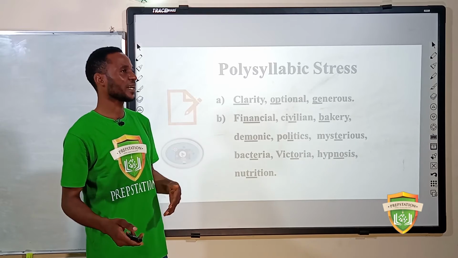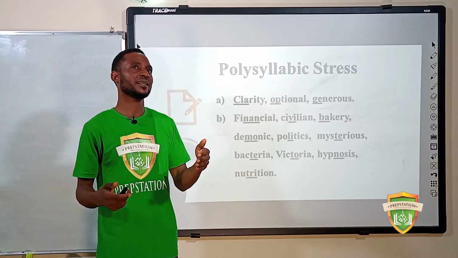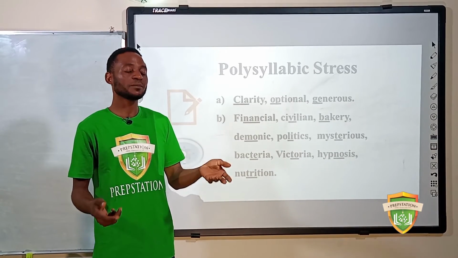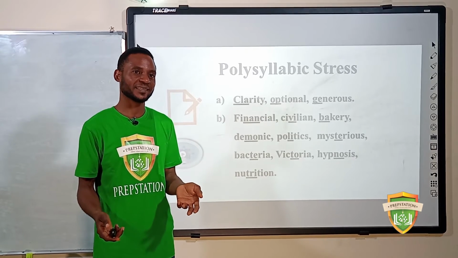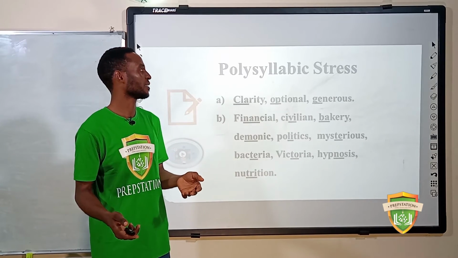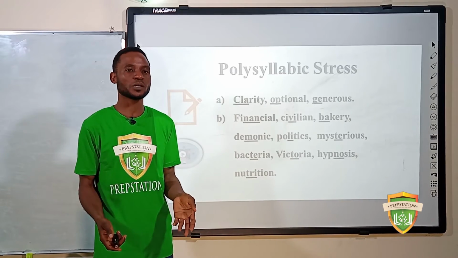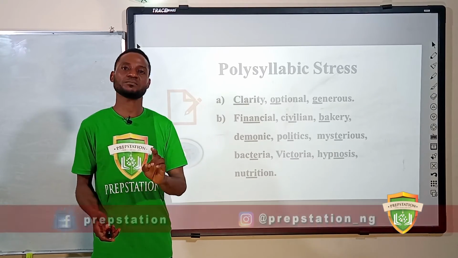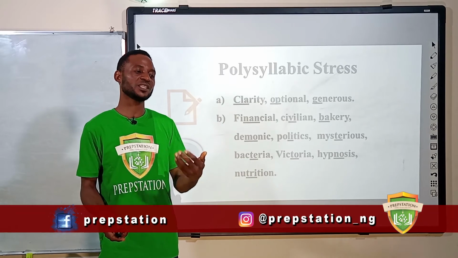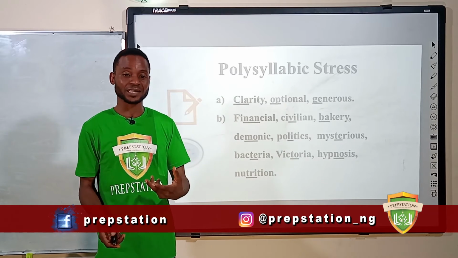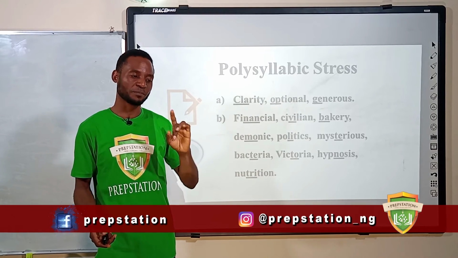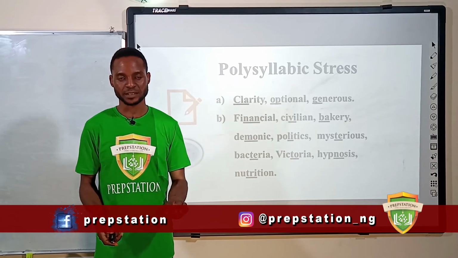So stress can be simple to some extent, especially for bisyllabic words. For bisyllabic words, stress can be really simple because you just need to know basically the word class of a particular lexical item.